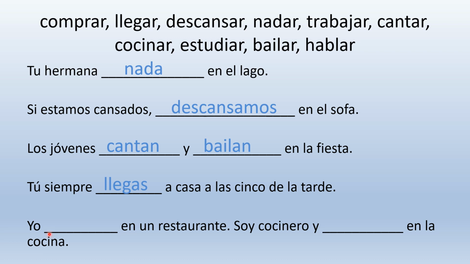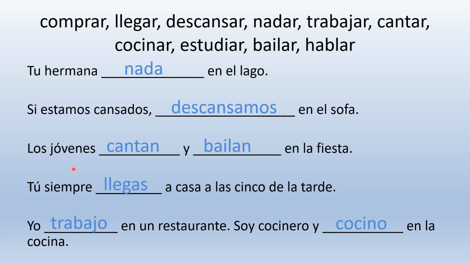So let's see. Something in a restaurant. Maybe I work. Yo trabajar. So we would conjugate that as trabajo. I am a cook, and maybe I cook in the kitchen. Cocinar is to cook. We take off the AR and we add O, and we get cocino.